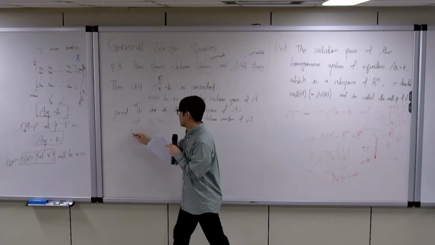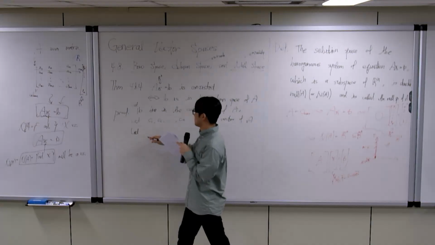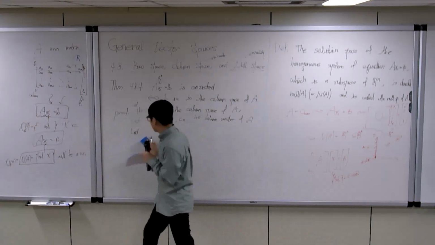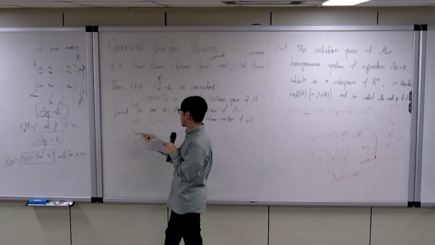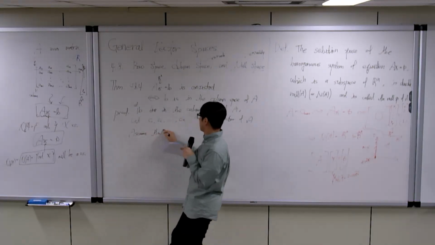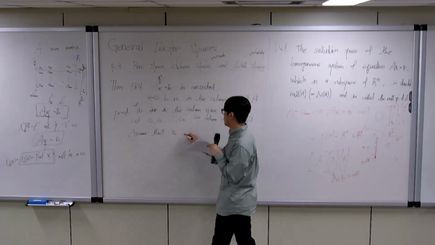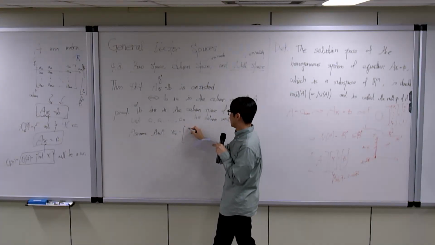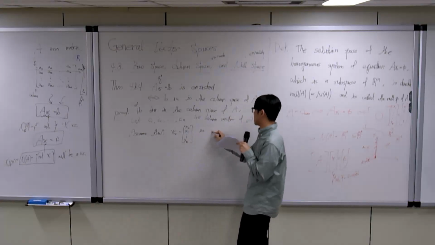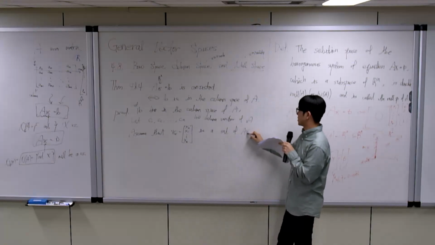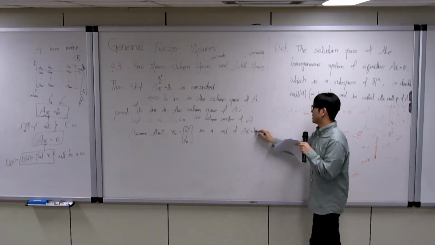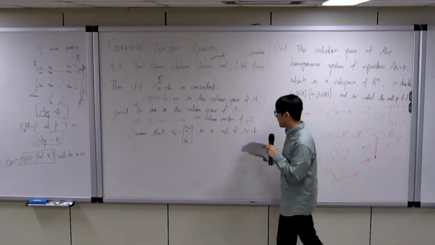Let me assume that x0 = (x1, ..., xn) is a solution of the linear system Ax = b.